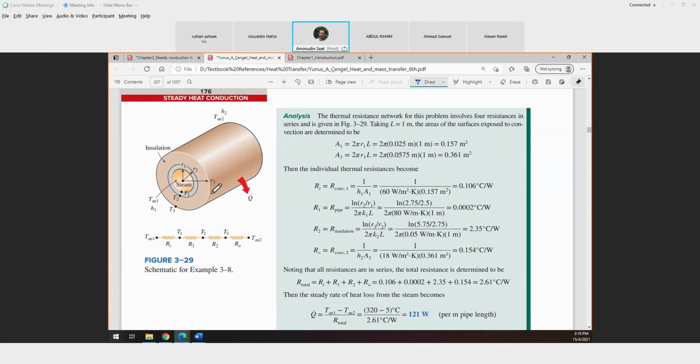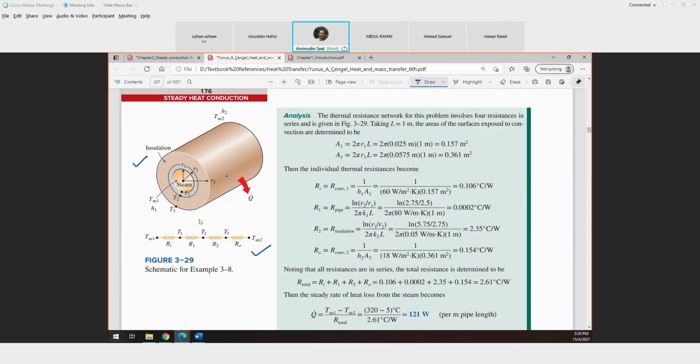So this is the schematic. Here they draw a three-dimensional 3D system, but if you draw two-dimensional, it is enough for showing the problem. This is the schematic diagram, and this is the thermal resistance diagram.